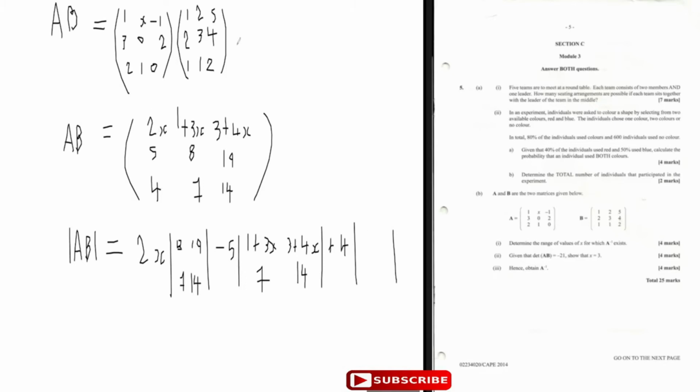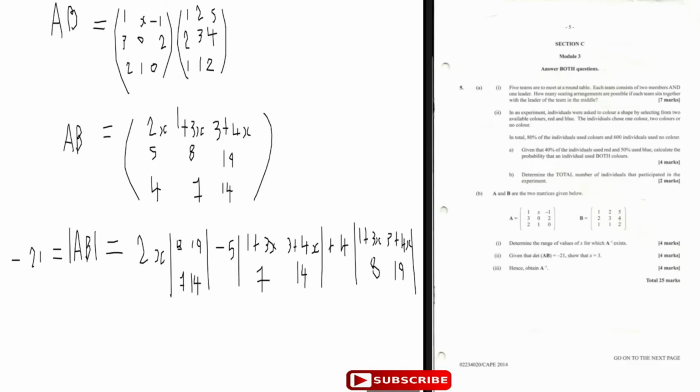This is now 1 plus 3x, 1 plus 3x times 3 plus 4x, 8 and 19. All right, and remember they said that the determinant of AB was negative 21. So with that being said, let's go ahead and calculate.